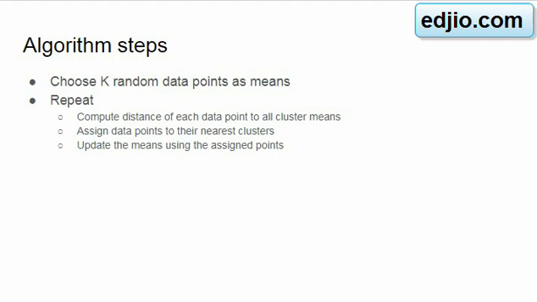Assign data points to the nearest cluster. Again update the mean and repeat it. Repeat it. How long do you have to repeat? You have to repeat until you achieve the minimum equilibrium distance, the minimum sum of distances of all your data points.